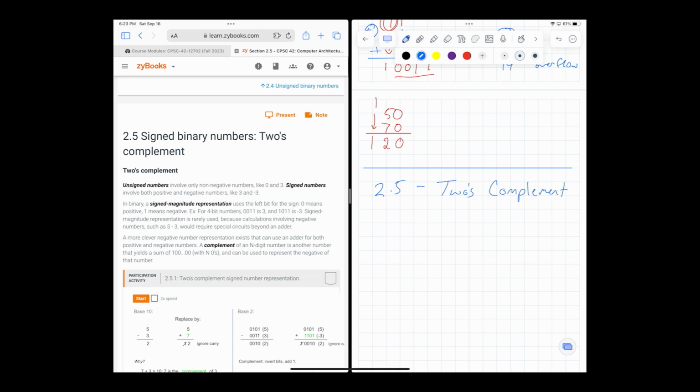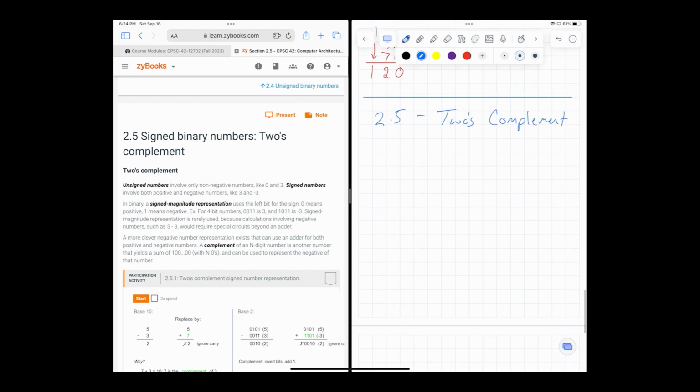Confusing people since 1967. Actually, I don't know when two's complement was invented, so I'm not going to claim a year. But basically, the problem is simple here. We don't know how to do negative numbers at this point, right? So that's what we are going to learn how to do.